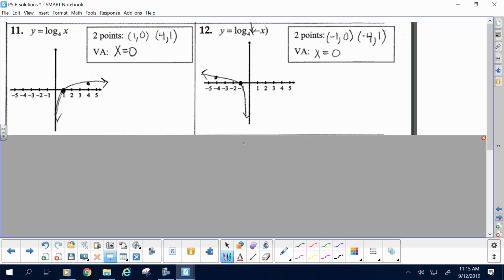Log base 4 of x, that's not even changed, so that's the basic points of 1, 0, 4, 1. If I throw a negative on the x, it reflects it over the x-axis. So that's -1, 0, -4, 1. All right.